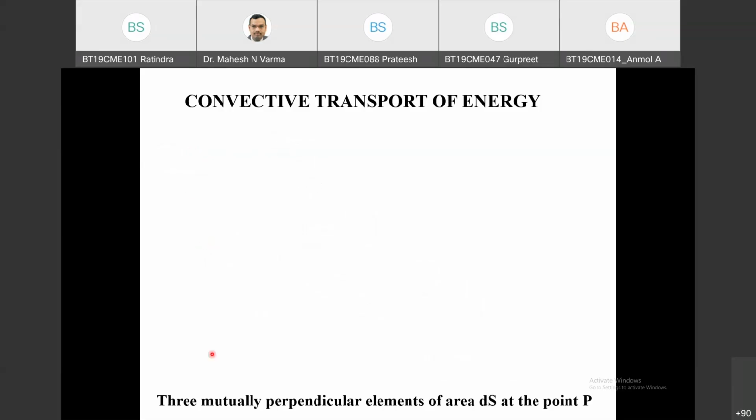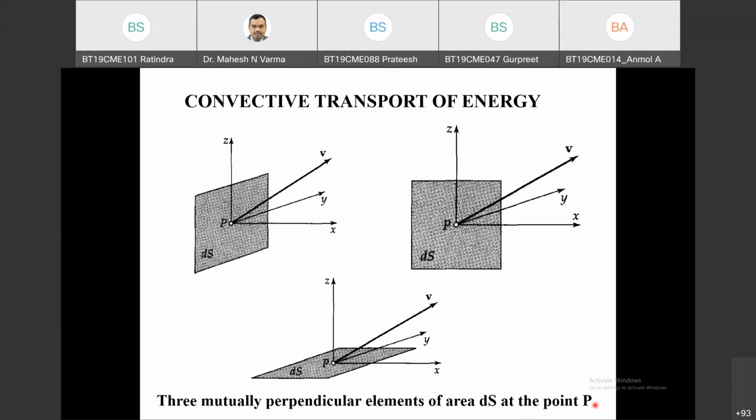So consider three mutually perpendicular elements of area dS at point P. Convective transport is always associated with the velocity. We know that convective transport means bulk motion, and bulk motion is characterized by the velocity. These are the three mutually perpendicular areas: this is the area perpendicular to the x direction, this is perpendicular to the y direction, and this is perpendicular to the z direction.